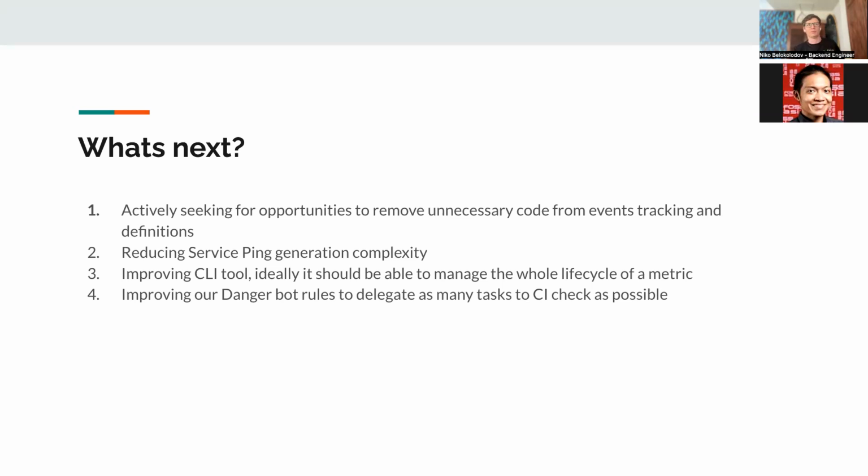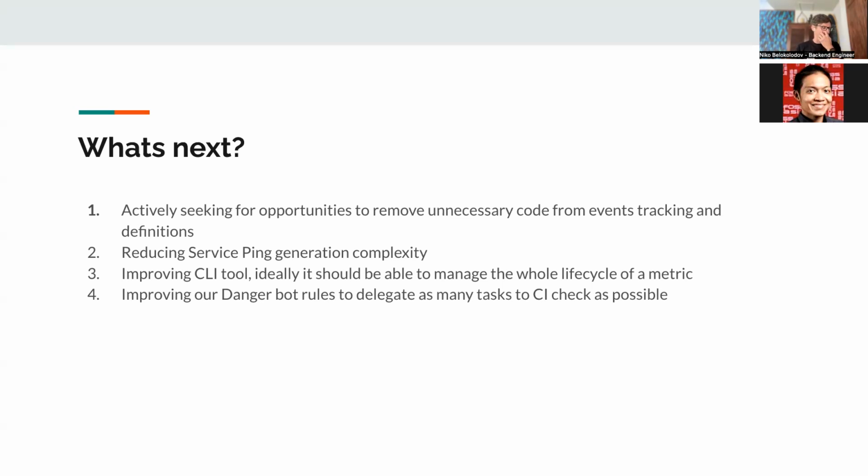This is quite a big and optimistic goal, but that's what we're working on, and it's work in progress. CLI tools will definitely be evolving, following all the improvements in Analytics Instrumentation. The goal is to make it the only tool that people need for the whole lifecycle of a metric, including removal when it's not needed anymore.